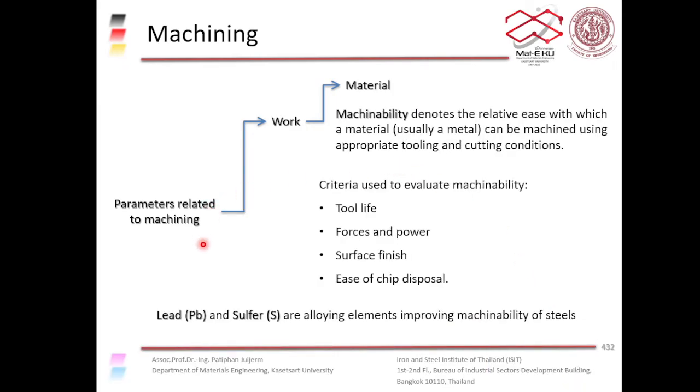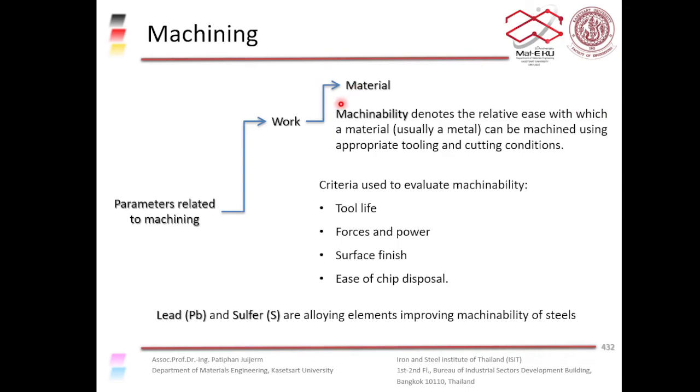Okay. Right. So for the work part, like the material, we look at the machinability of the material. The machinability denotes the relative ease with which the material, usually metal, can be machined using appropriate tooling and cutting condition.